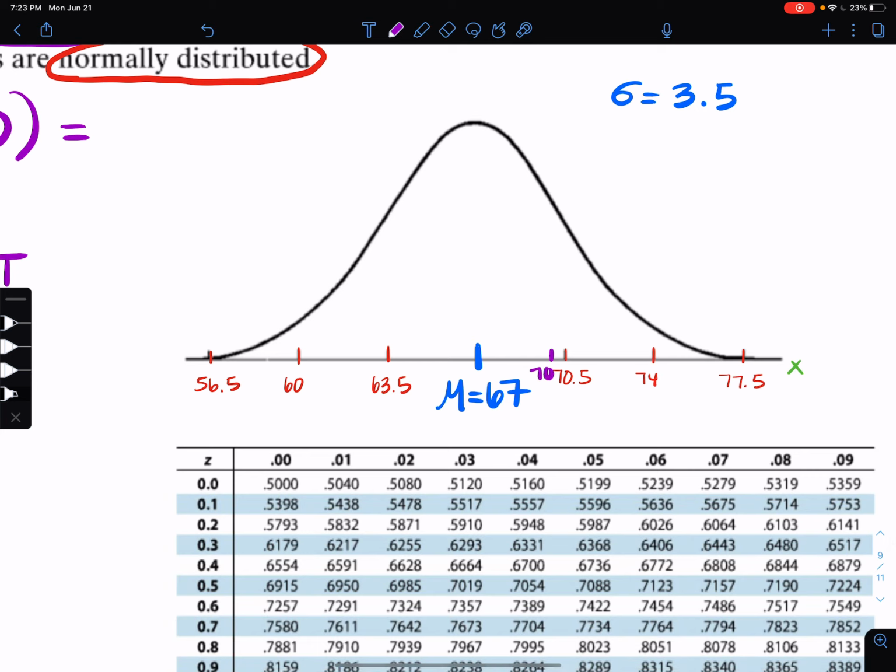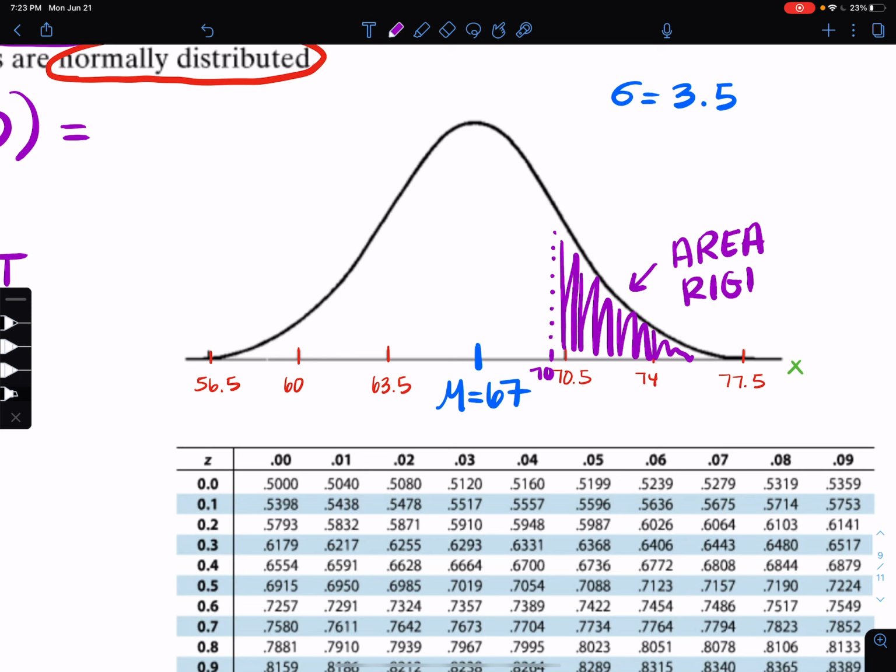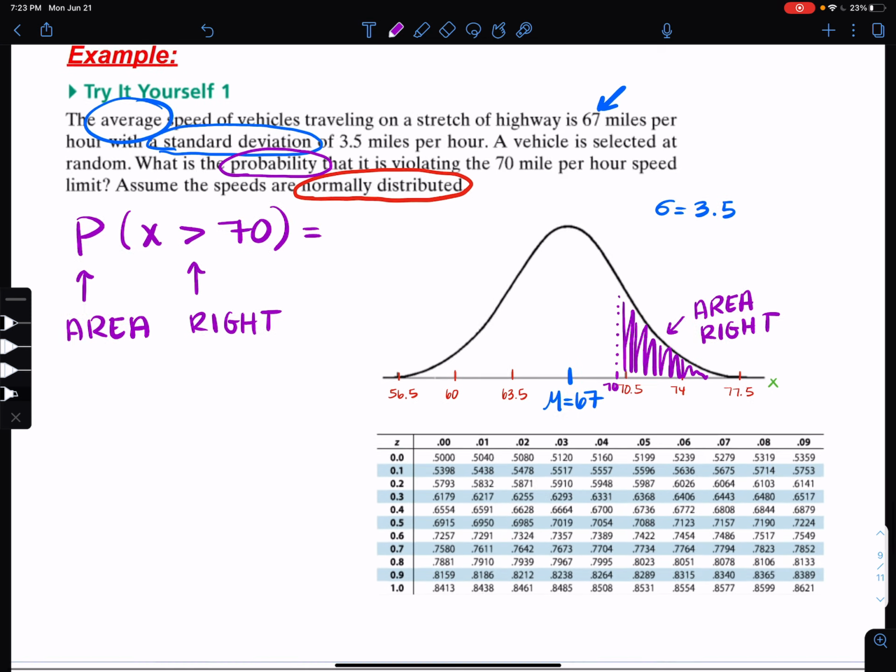Again, I can approximate it, I can sketch this out. But the key thing to note here is I'm going to be looking for an area to the right in order to find the probability greater than 70 miles per hour.